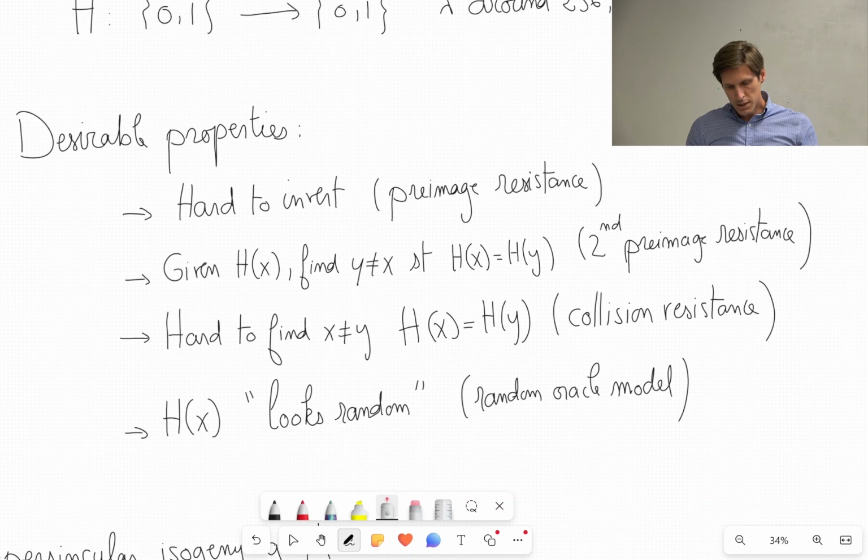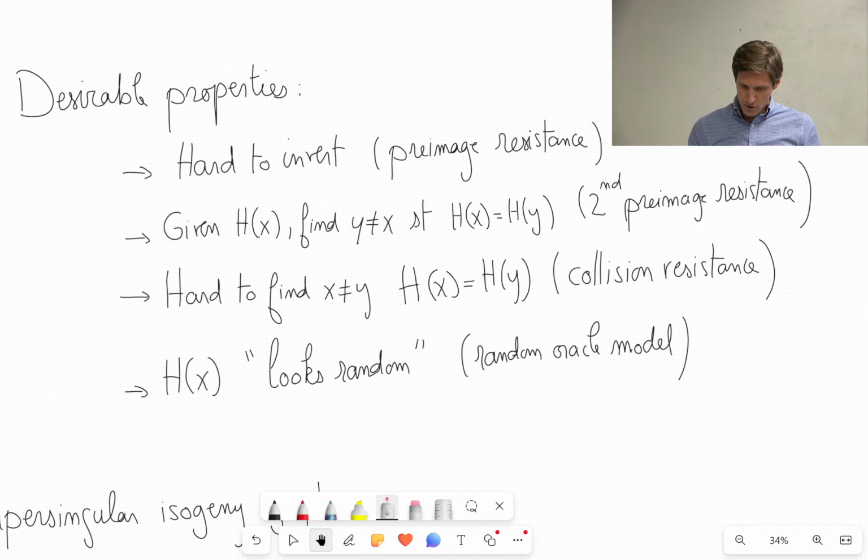And one big property that a lot of people mention is collision resistance. Typically, when people ask whether this hash function is secure, they think: is it difficult to find two elements that are different but somehow hash to the same digest?